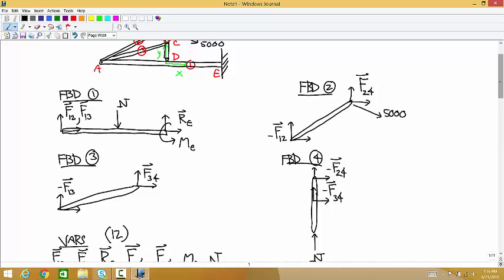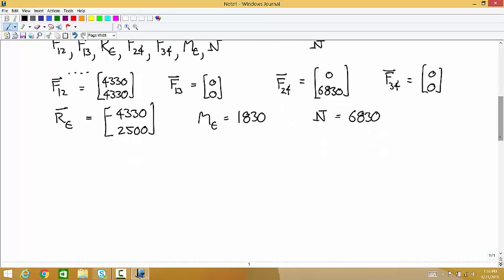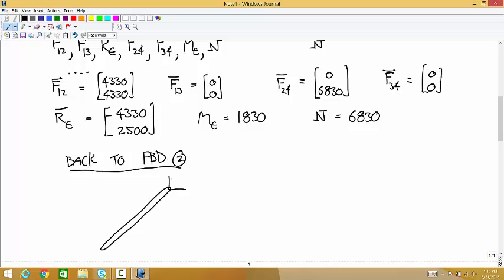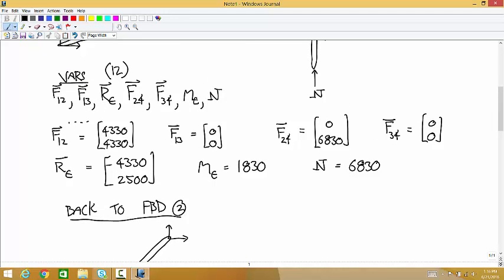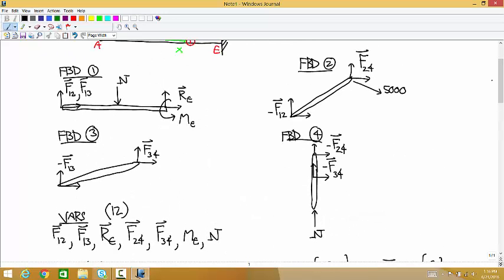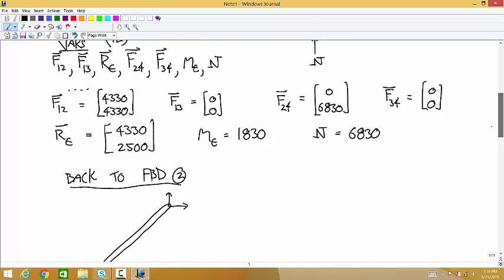So we can plug these in and check that. So let's plug these back into the free body diagram for member 2. So member 2 has F24, which is 0, 6830.